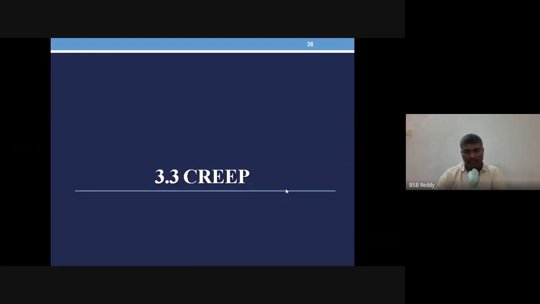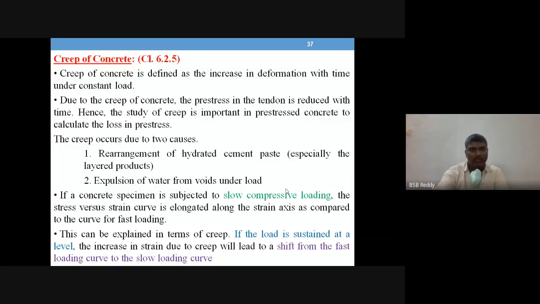Last session we talked about the property creep of concrete, where we defined creep of concrete as the increase in deformation with time under constant load.